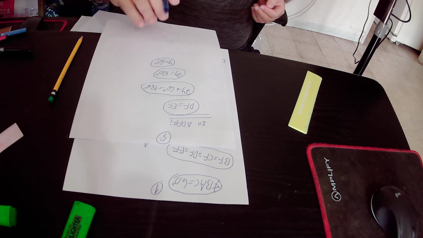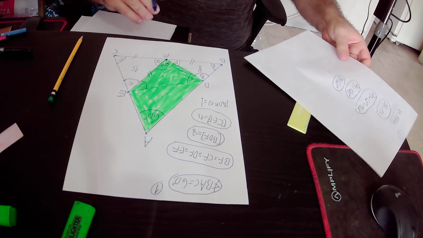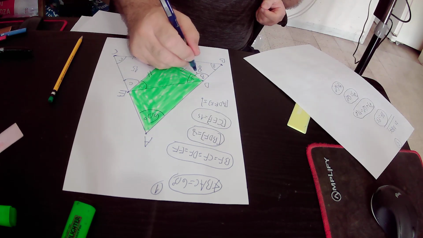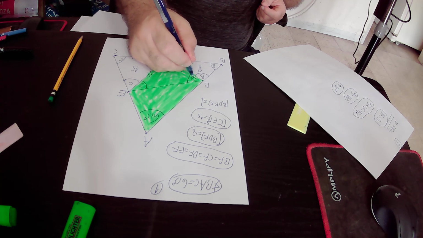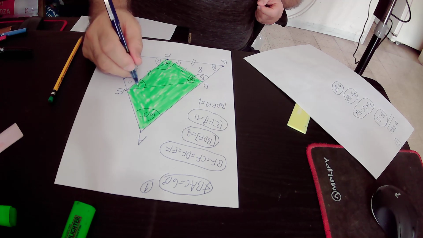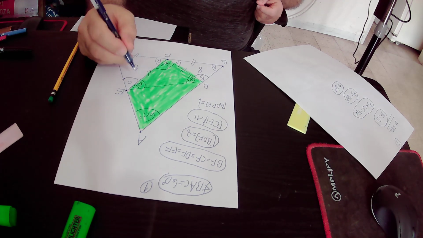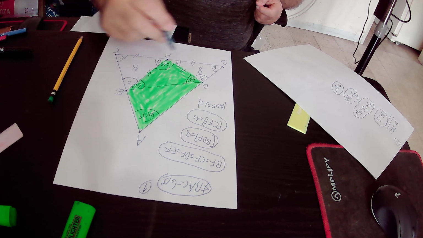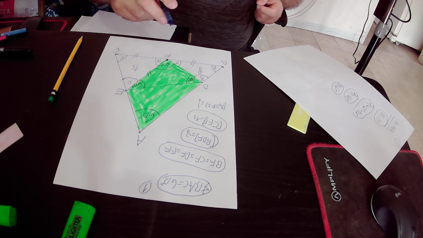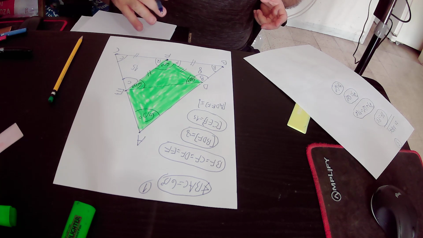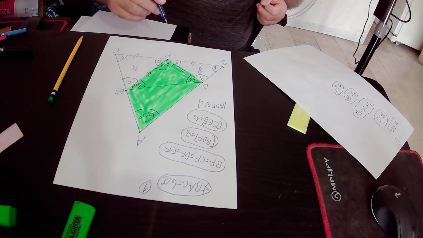Okay, so the size of angle Y is 60 degrees. Here Y equals 60 degrees, and also here Y equals 60 degrees. Okay, so triangle DFE is an equilateral triangle because all of its angles are equal to 60 degrees. We know that in an equilateral triangle all the sides are equal to each other.